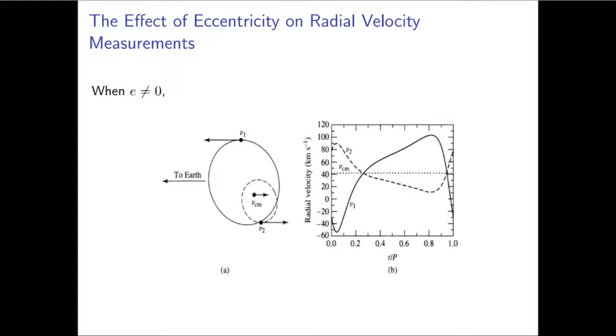So what happens, as we know, there are other factors also, like tidal interaction. This is one of the important reasons why most of the time the observation we make is that the orbit is circular.